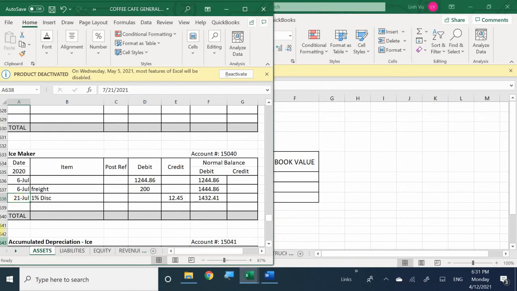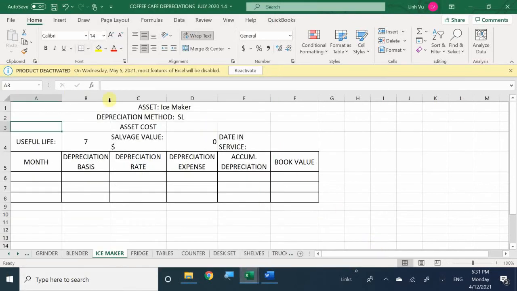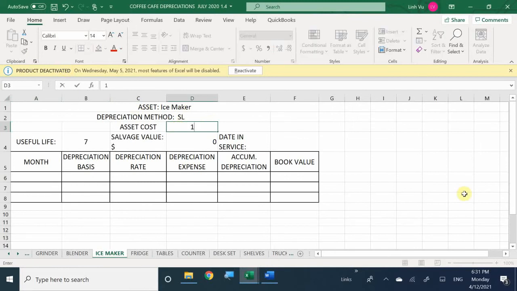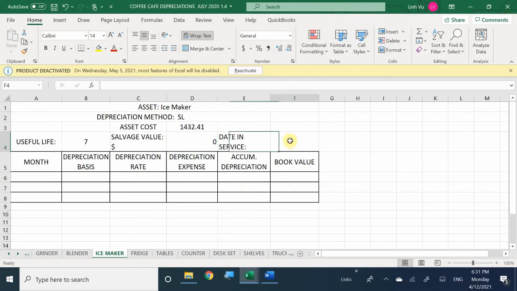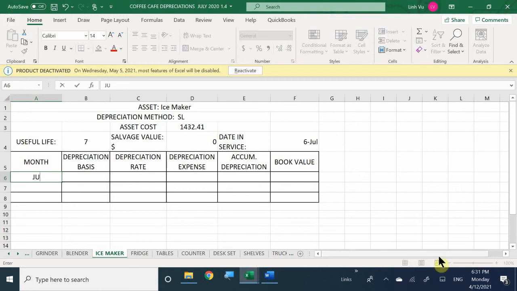So now I'm going to plug that number in, $1432.41, for my depreciation expense. Okay, $1432.41, right? And I placed it in service on July 6th. Okay, so once again, we're going to depreciate for the month of July.